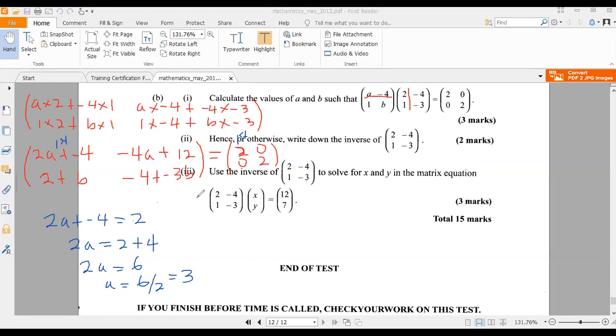Okay. So we finished with the first A. We are going to look at the second A now.